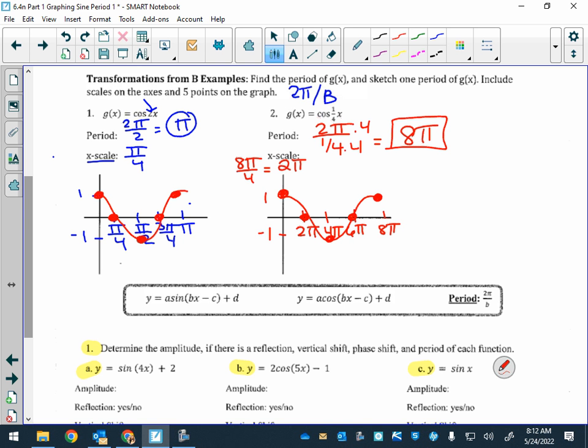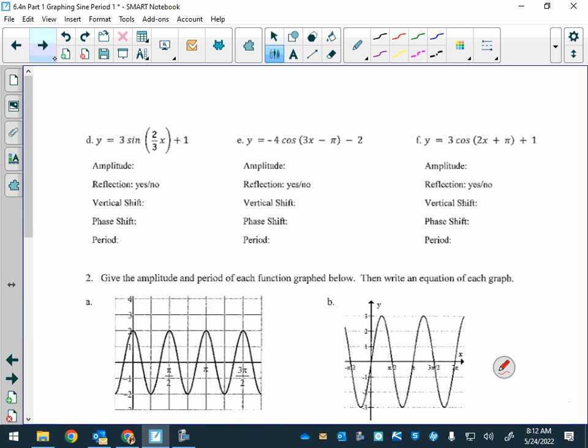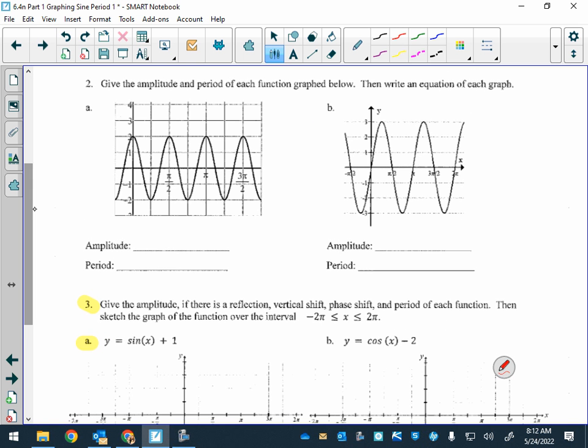Okay. If you turn to the next page and find where these two graphs are for number 2. When you need to write equations for these functions, you always start from the y-axis.